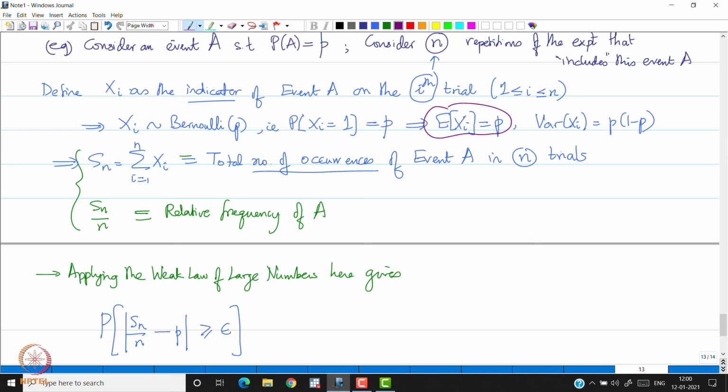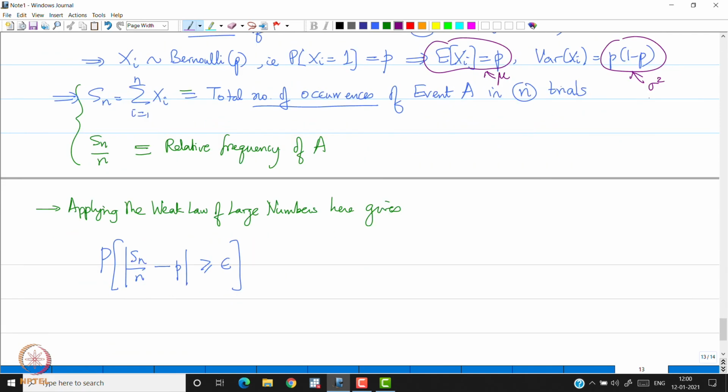This is going to be the mu and this is going to be the sigma squared. So this whole thing is now going to be upper bounded by p times 1 minus p divided by n epsilon squared, by the weak law of large numbers.